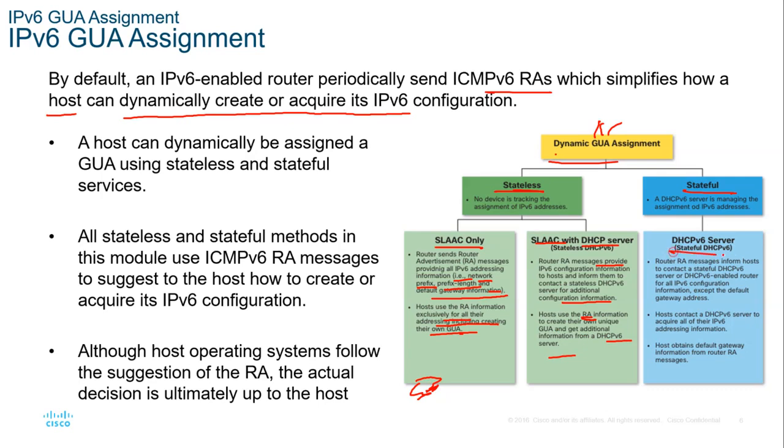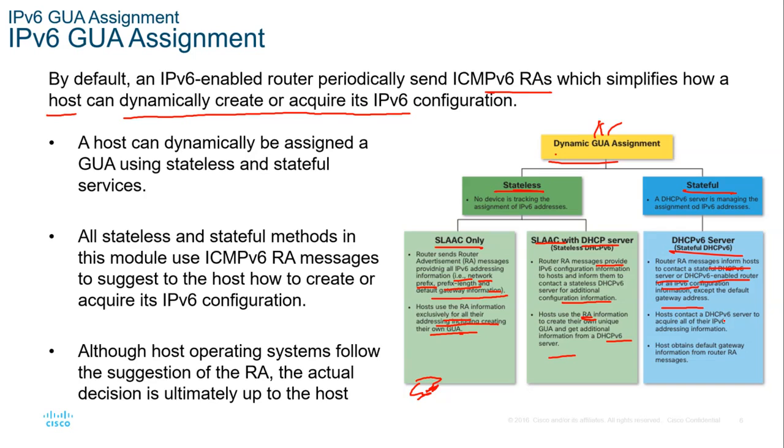Then lastly, we have the DHCPv6 server, which is stateful DHCP. The router advertisement message informs the host to contact a stateful DHCP server or DHCP enabled router for all IPv6 configuration information except the default gateway.